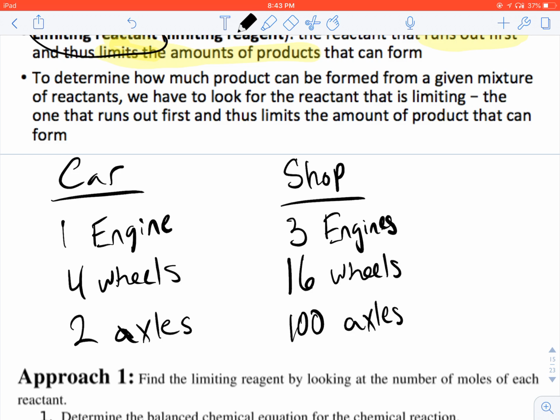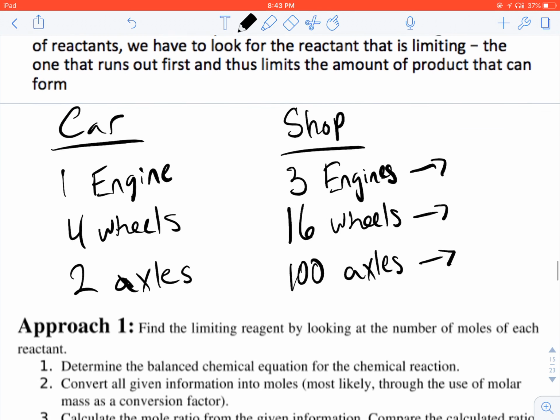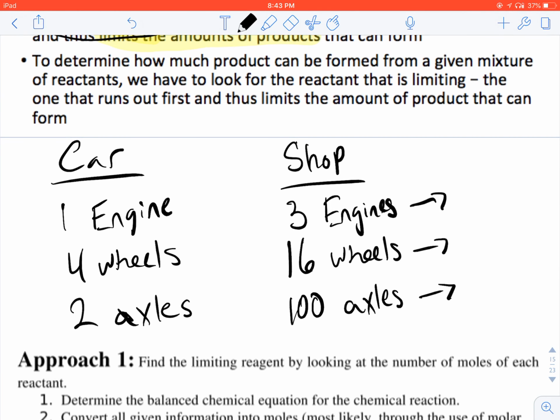Now, looking here, we can see how many cars we can make. How do we do that? Well, we look at each individual component, so each of our reactants, if we want to say reactants in our car making recipe, equation, whatever you want to call it.